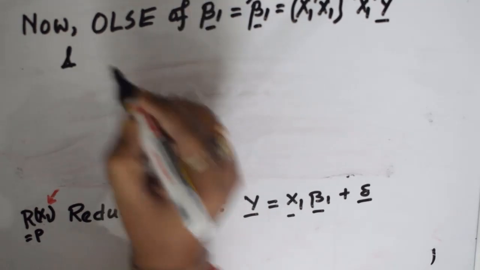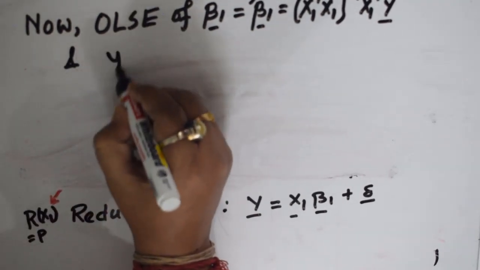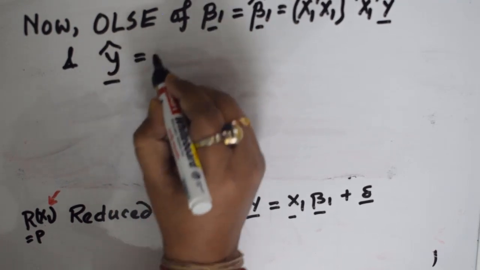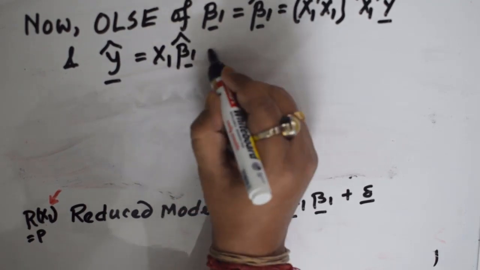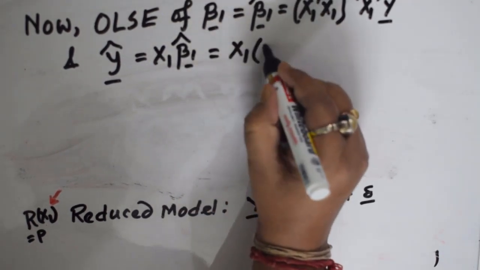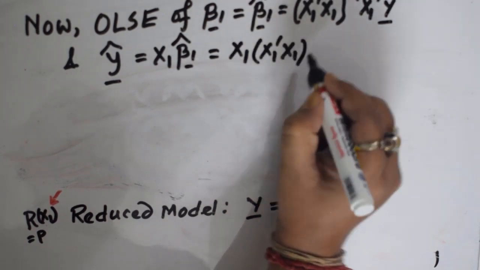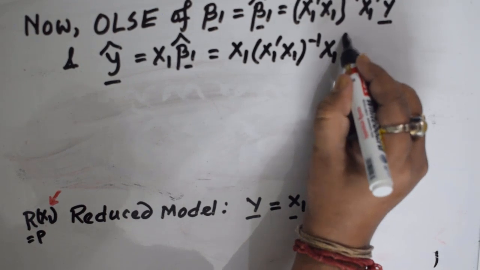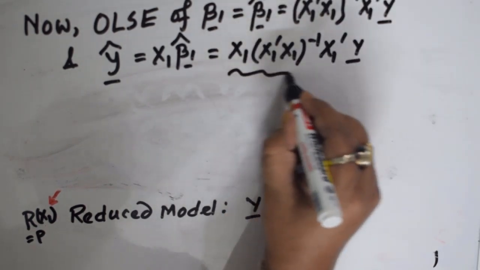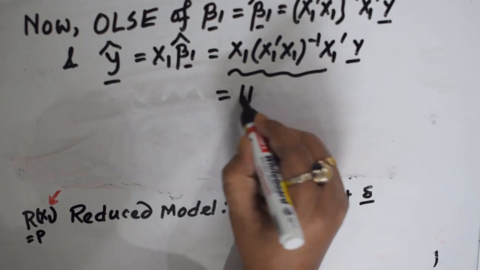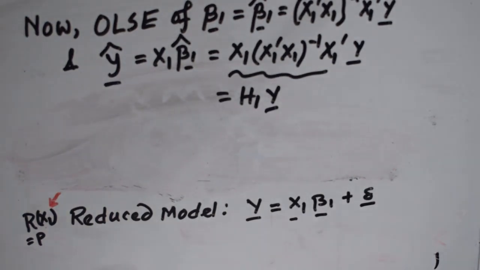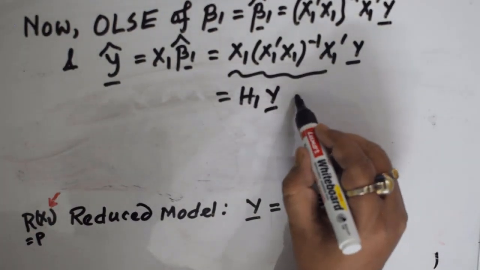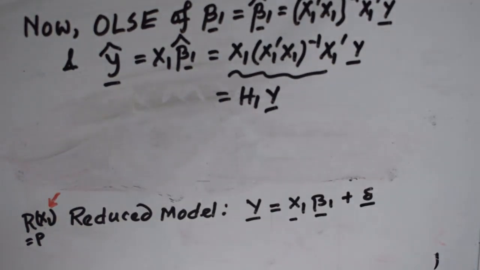And y hat equal to x1 beta 1 hat is equal to x1 prime x1 inverse x1 prime y curl. We denote this matrix by h1, so y hat is h1 y curl, and h1 is the idempotent matrix, and rank of h1 equal to p.